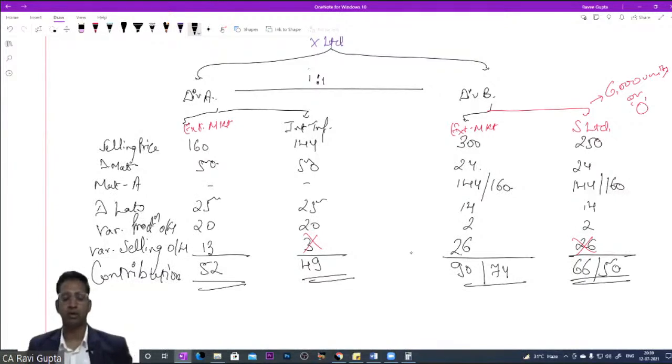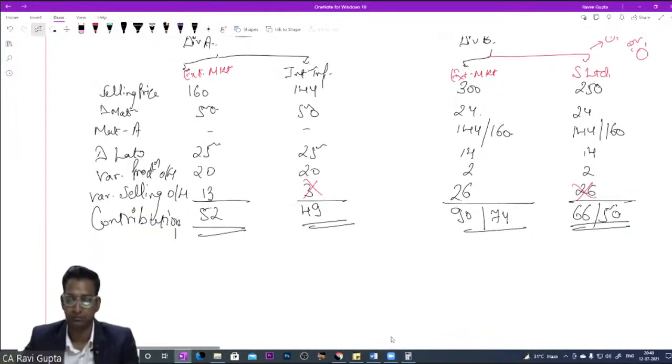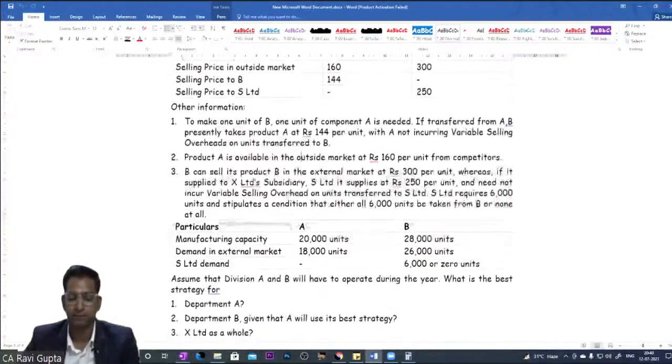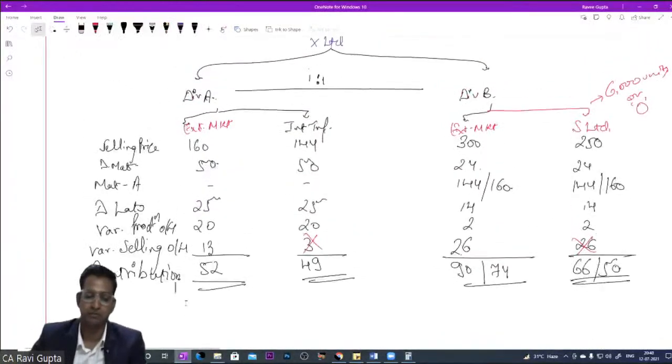Once we have calculated the contribution, now let's see what is the requirement of this question. What is the question saying? Manufacturing capacity of A is 20,000 units. Fine. That is a limiting factor.